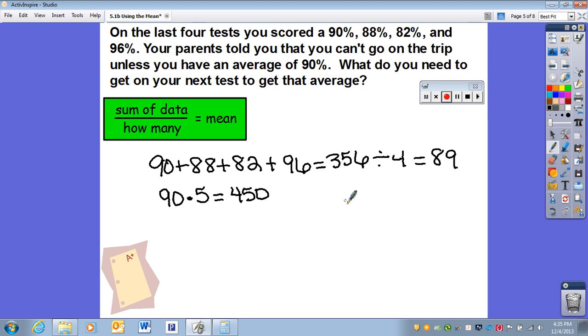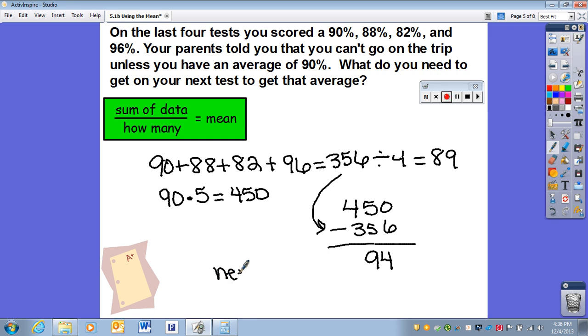If I take that 450 and I subtract 356 total points that I have so far from my first 4 tests, I would see that on the 5th test, I would need to score a 94%. This is what I would need to get on my next test.